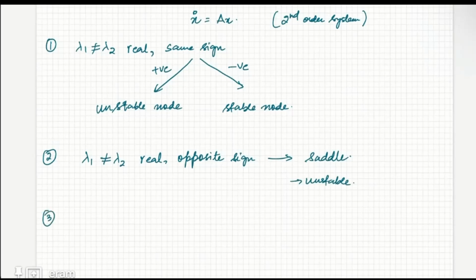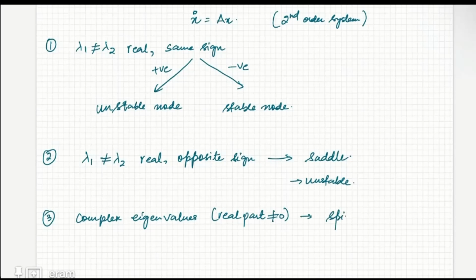In the third case, when we have complex eigenvalues with real part not equal to 0, we have a spiral, or we can call it a focus.